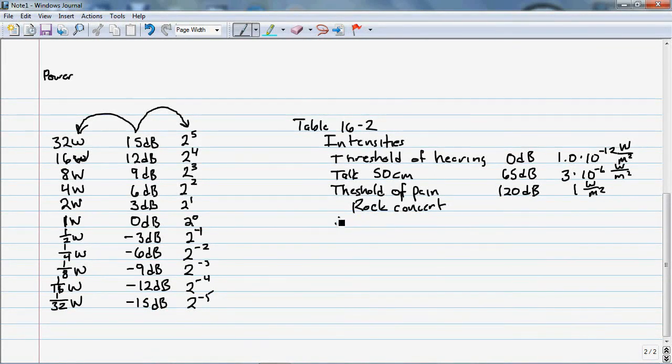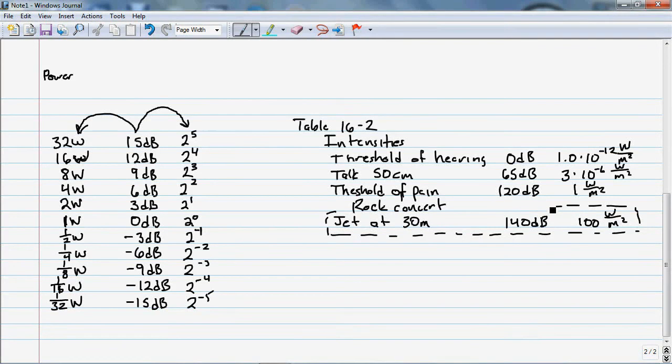Now the jet at 30 meters is about 140 decibels, and that's about 100 watts per meter squared. This ratio is important for one of the problems on your homework assignment.